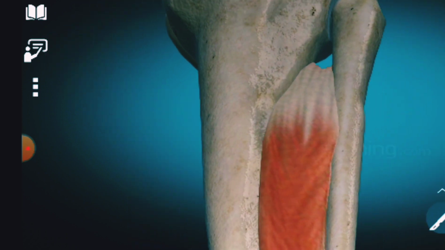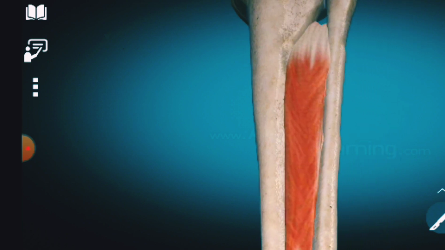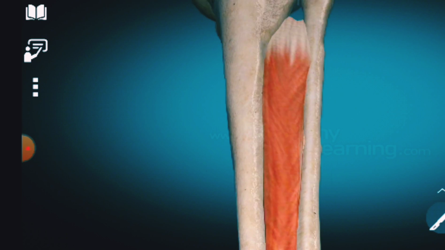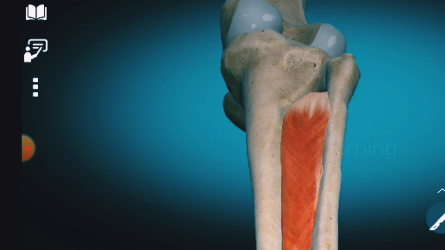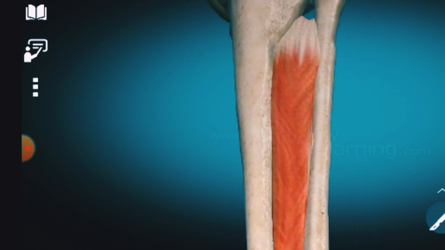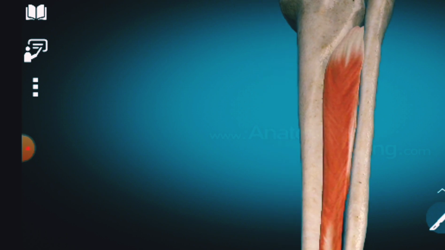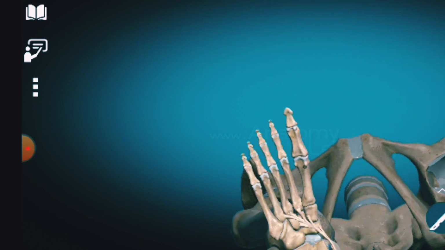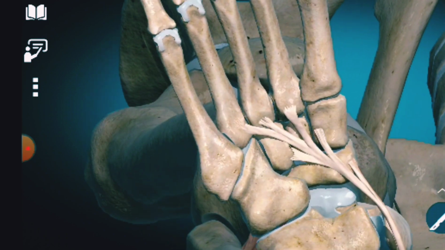That is our soleal line. The origin is the posterior tibia below the soleal line, interosseous membrane, and the proximal half of the posterior fibula. The insertion is into the tubercle of the navicular.